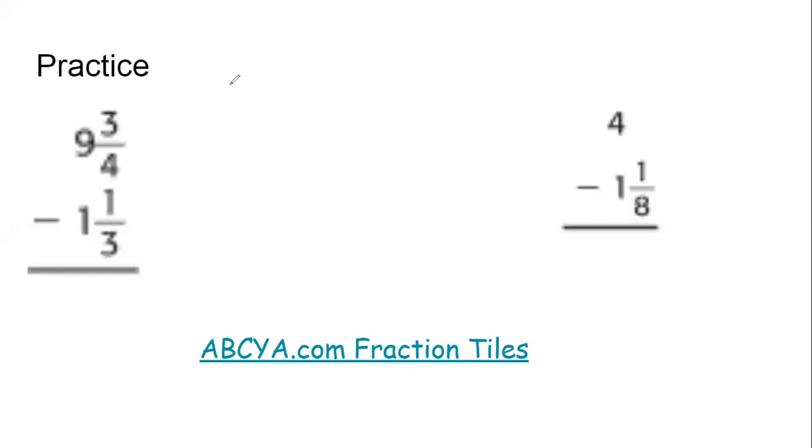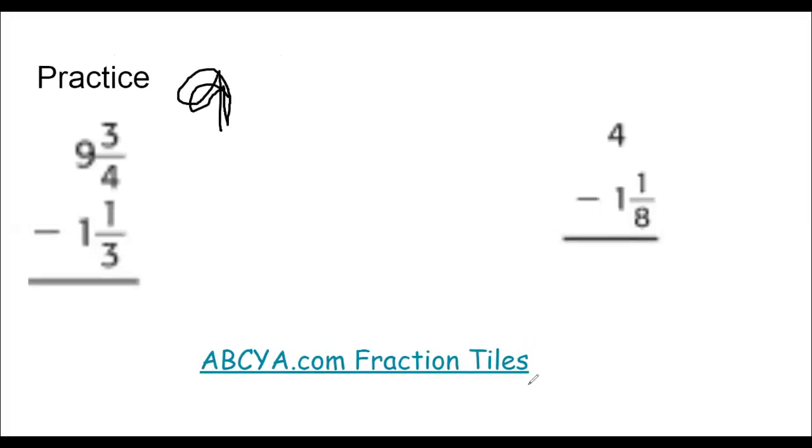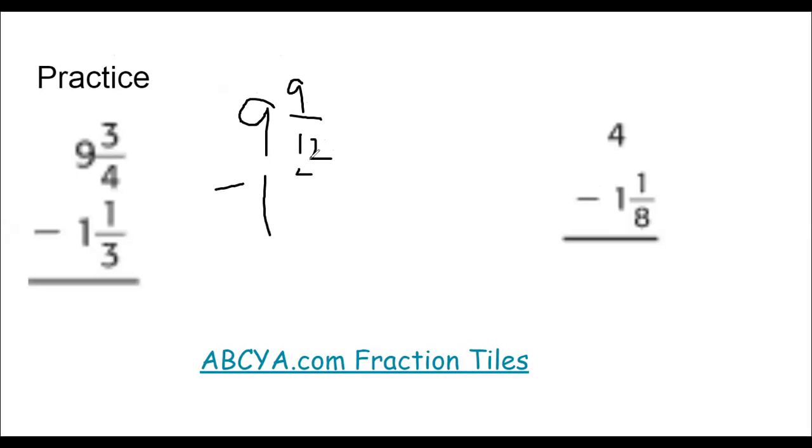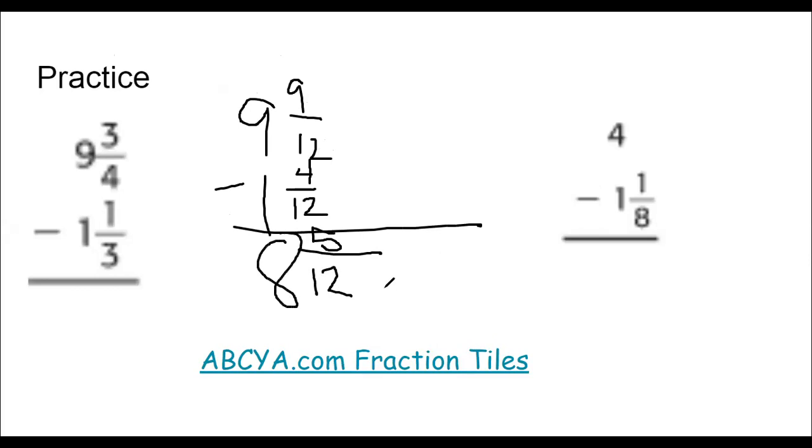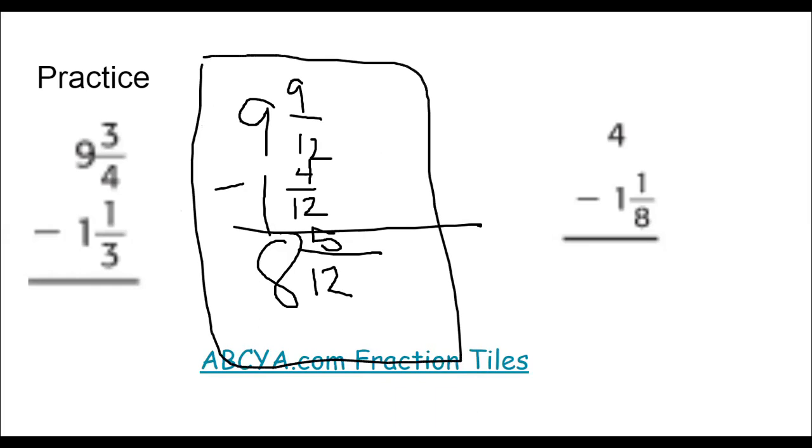So we had 9 and 9/12 minus 1 and 4/12. 9 minus 4 equals 5. Keep the denominator 12. 9 minus 1 is 8. 8 and 5/12. So we did that using the fraction tiles, and we also did it using the standard algorithm of subtraction.